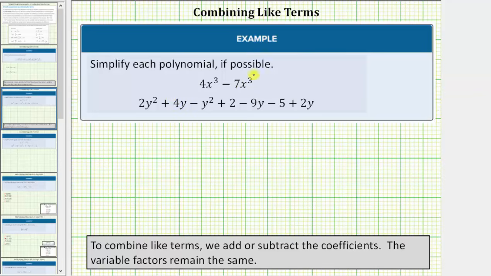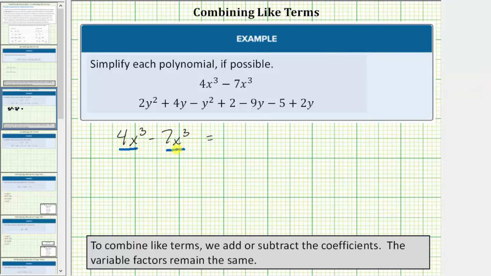So here the first polynomial is 4x cubed minus 7x cubed. The first step is to recognize we do have like terms because both terms contain exactly three factors of x or contain x raised to the third power.